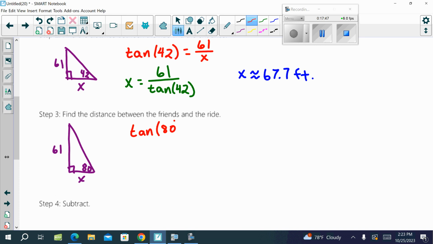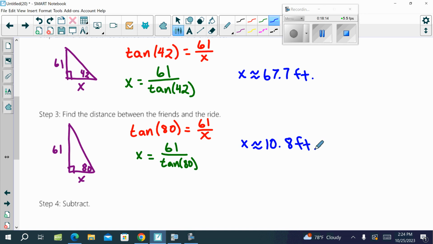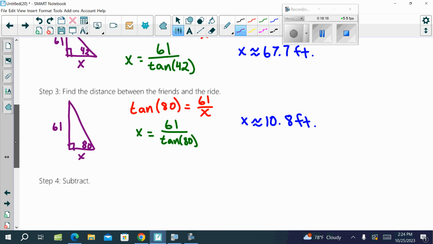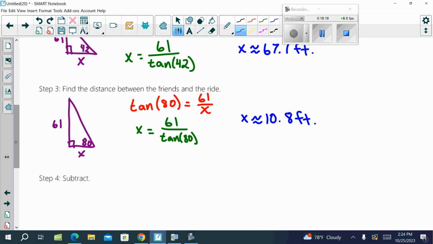So this is going to be tangent of 80 equals 61 over x. So x equals 61 divided by tangent of 80. So figure out how far the ride is from his friends. Approximately 10 point what? Anybody else get that? Okay, approximately 10.8 feet.